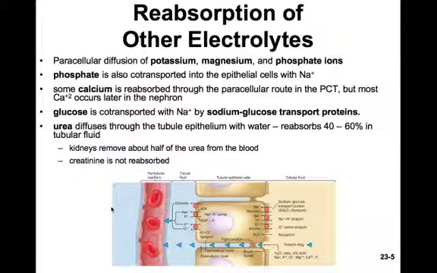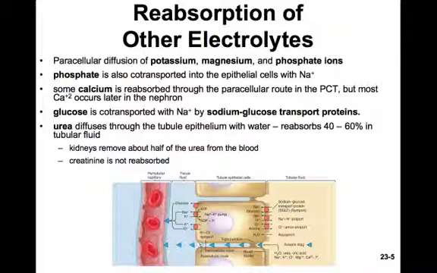So now that we've dealt with reabsorption of sodium and chloride, we have several other electrolytes to pay attention to. Potassium, magnesium, and phosphate ions are going to be reabsorbed through the paracellular method of diffusion, so right between the tight junctions, traveling with water.